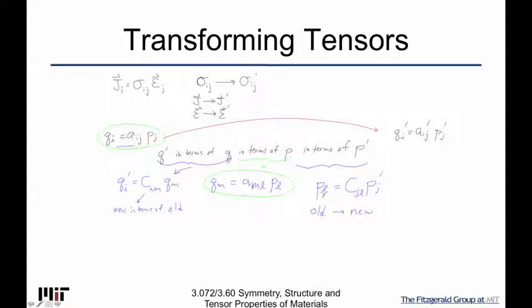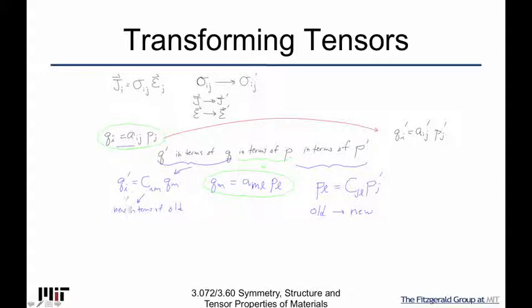Here we're going from the new into the old, so we have to use the opposite sense, okay? So that's why the j appears over here instead of next to it, okay?